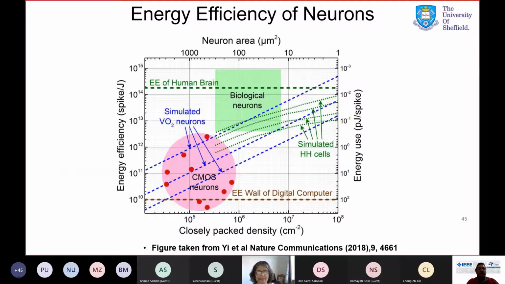And looking well into the future, this is the state of the art when comparing energy efficiency versus density with CMOS neurons. But looking into the future, I think there can well be a time where you can have artificial neural networks to exceed the capability even of the human brain.